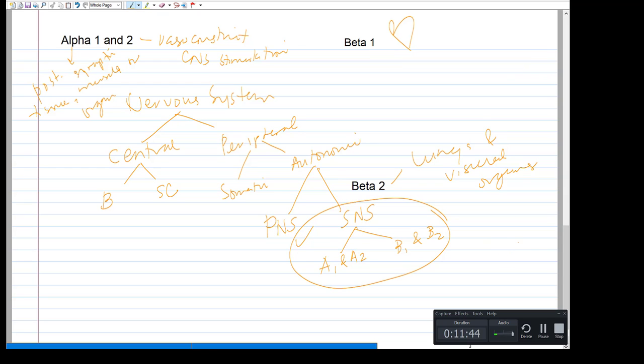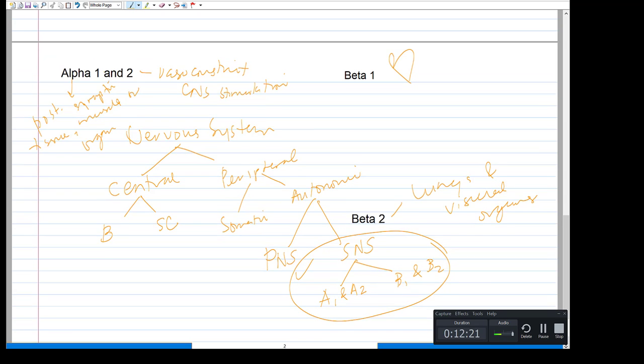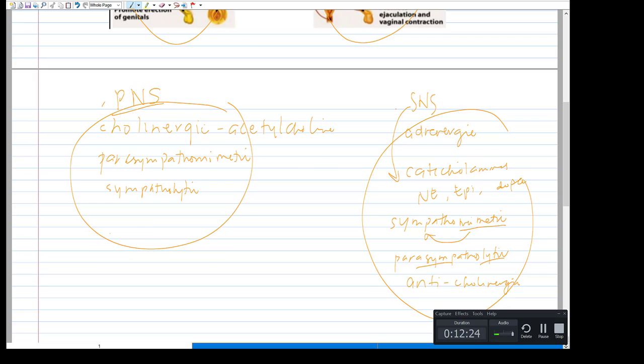Epinephrine IM is also a beta adrenergic drug, used for anaphylactic shock or allergic reaction, and we give it via IM. So as you can see, by knowing these terminologies, SNS, PNS, alpha 1, alpha 2, beta 1, beta 2, you already know the mechanism of action of the drug given under that classification. I hope this helps to debunk the myths in nursing pharmacology.